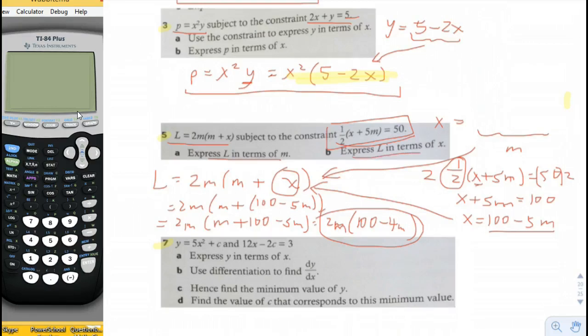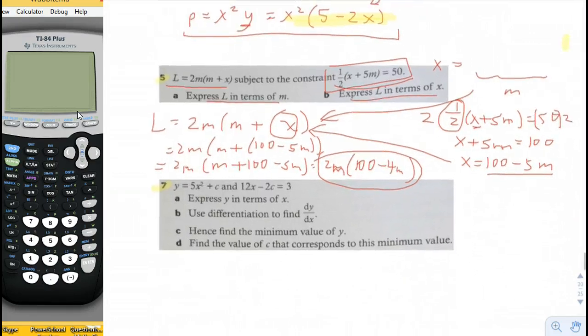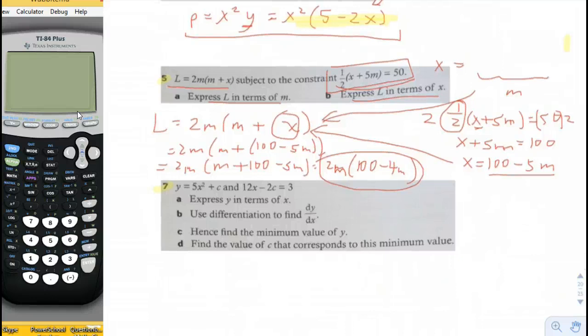Then it turns around and says express L in terms of x. Oh man, okay. So now we need to get rid of the m's. How do we get rid of the m's? Well, we're going to write an expression like this. Instead of having x on the left, we're going to have m on the left. How do we do that? Okay, again, we start with the same equation, x plus 5m equals 50, and we need to get m by itself.